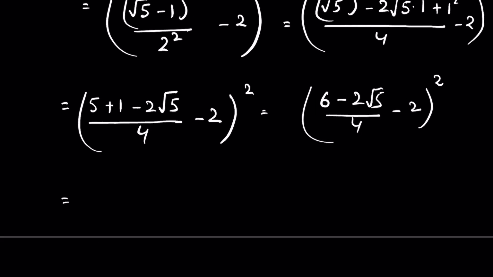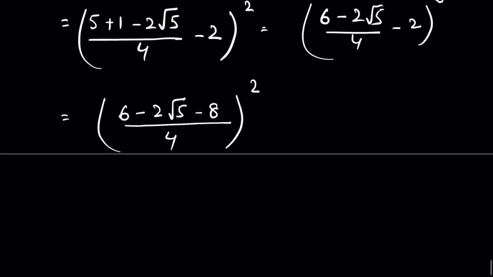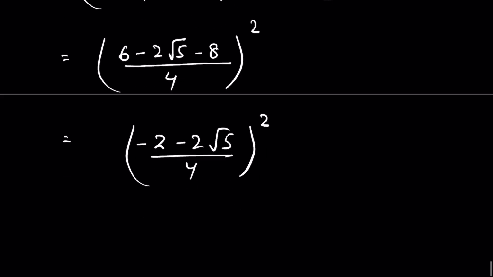Now we take common denominator 4. So 6 minus 2 times square root of 5, and 4 times 2 is 8. Then whole squared. 6 minus 8 is minus 2, minus 2 times square root of 5 upon 4, whole squared.